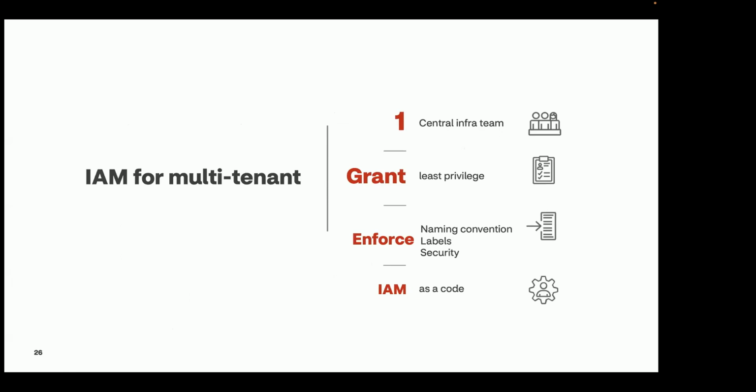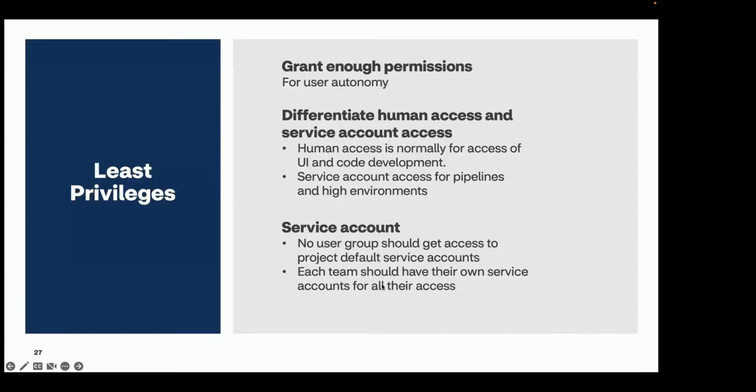So the IAM expert for multiple tenants would normally include these aspects. Like you normally have a central infrastructure team. You grant these privileges to each team in this project, and then you enforce some naming convention, labels, and security. This team will also do IAM as code, using Terraform.